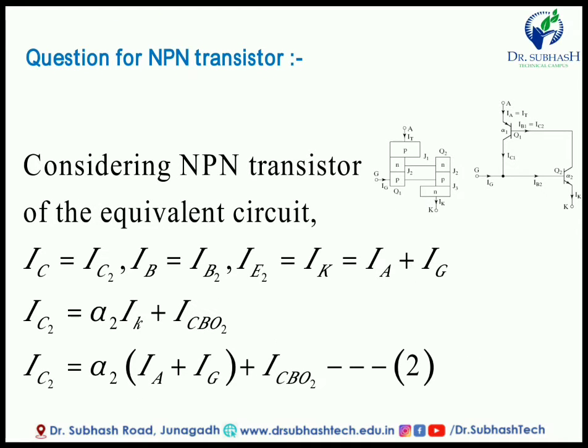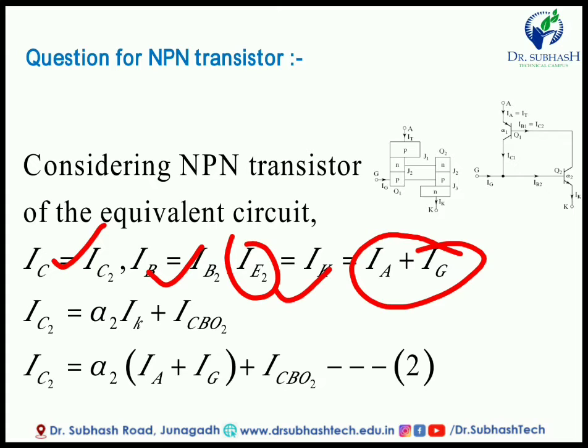Now let's consider the NPN transistor. In the NPN transistor, IC is equal to IC2, IB is equal to IB2, and IE2 is equal to IK. Cathode current is nothing but emitter 2 current, meaning the second transistor's emitter current is IK, and IK is equal to the addition of IA plus IG, meaning anode current plus gate current is totally the cathode current.